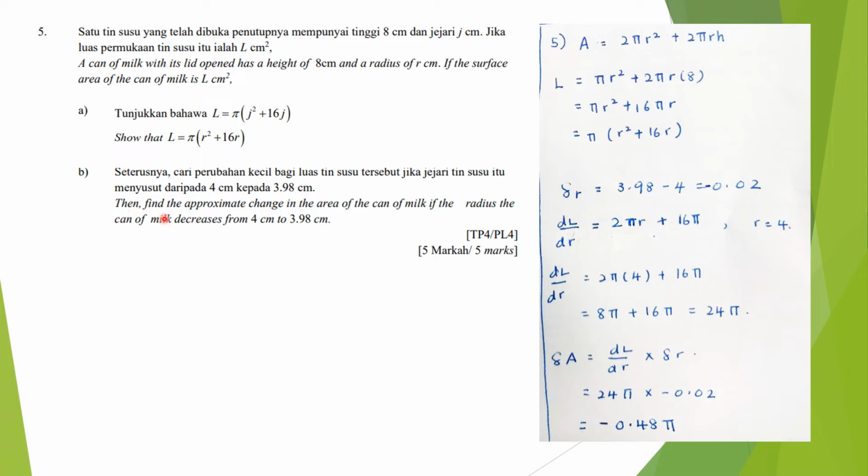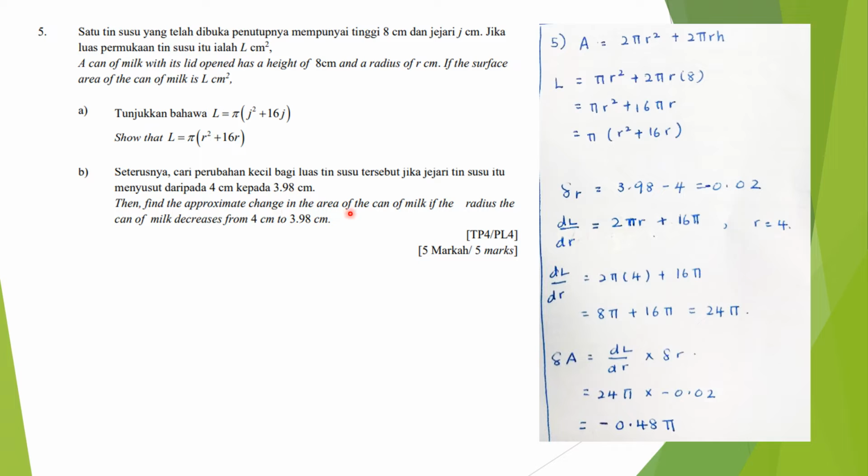Then for part B, find the approximate change in the area of the can of milk if the radius of the can of milk decreases from 4 to 3.98.